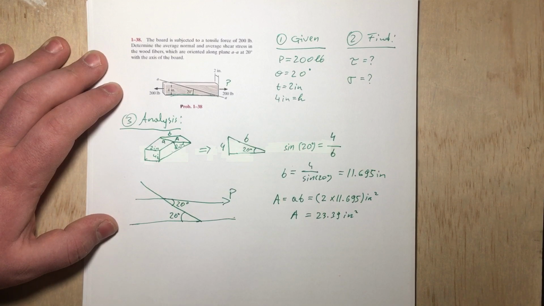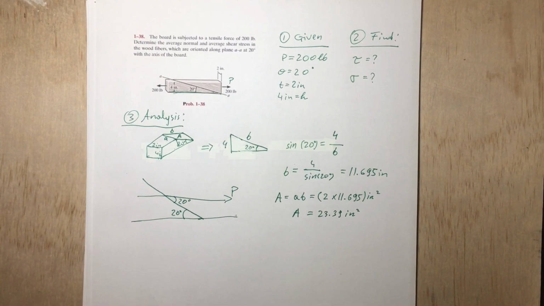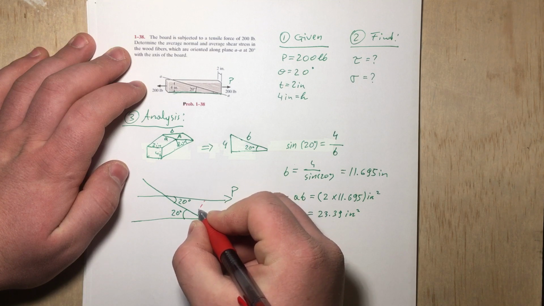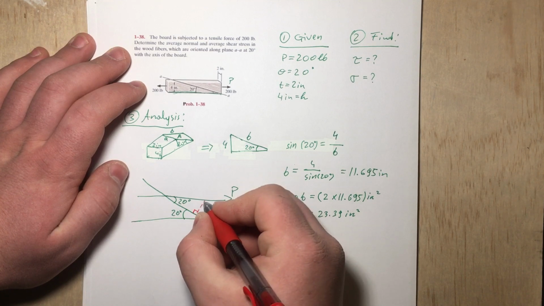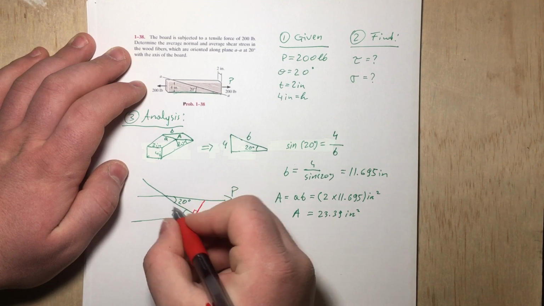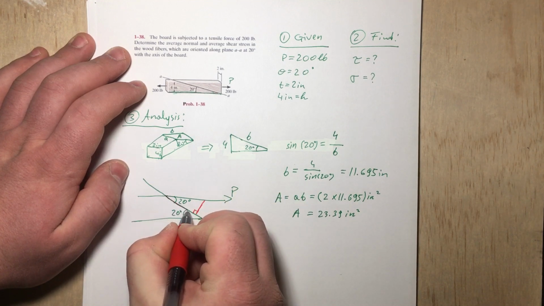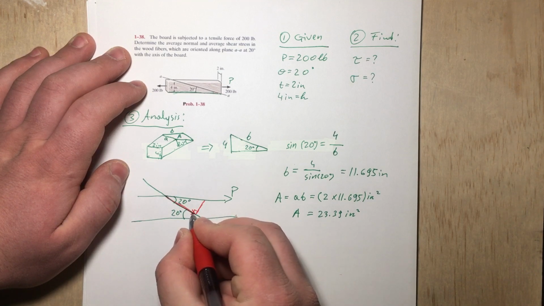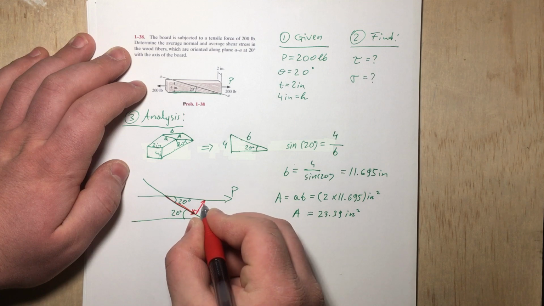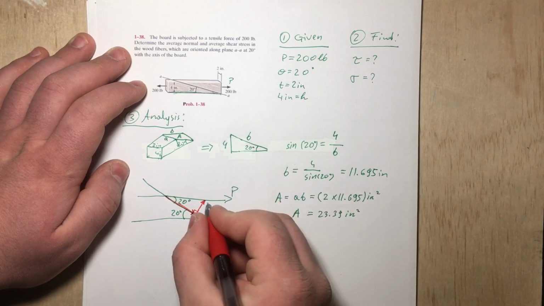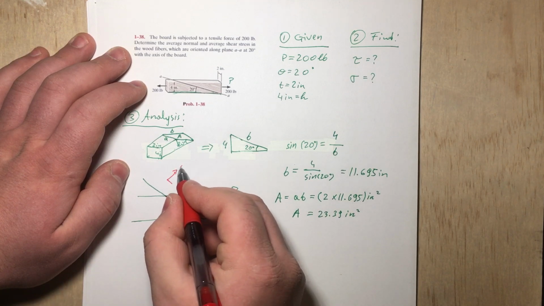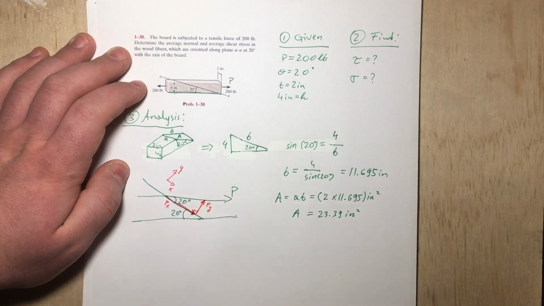Now we can go ahead and decompose our force because we have the angle and also the magnitude of the force. We are going to have the perpendicular force and the force that is going parallel to the surface area that we just found. Let's call this Py, and this Px, using that coordinate system.